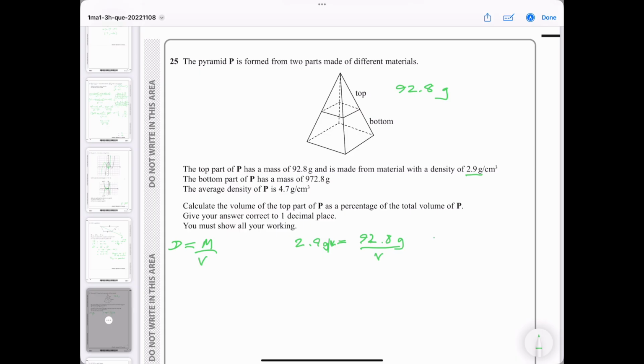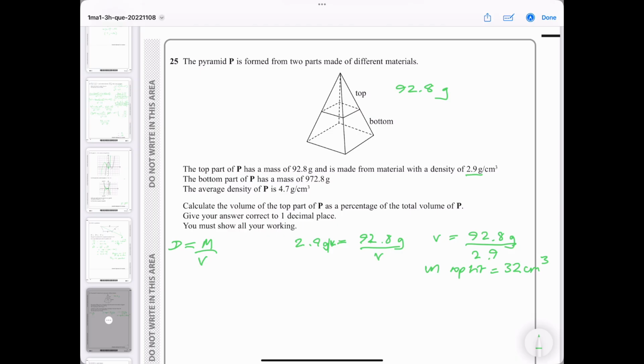And then we just swap those out. So volume equals 92.8 grams over 2.9. So we need a calculator: 92.8 divided by 2.9 equals 32. So the volume of the top bit equals 32 centimetres cubed.